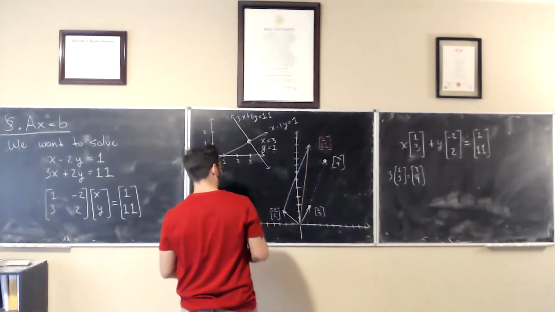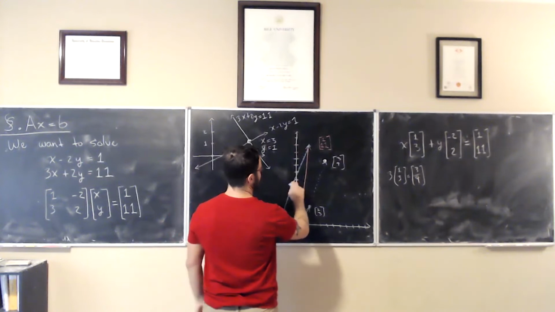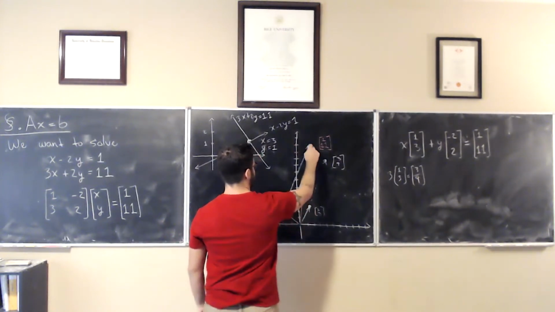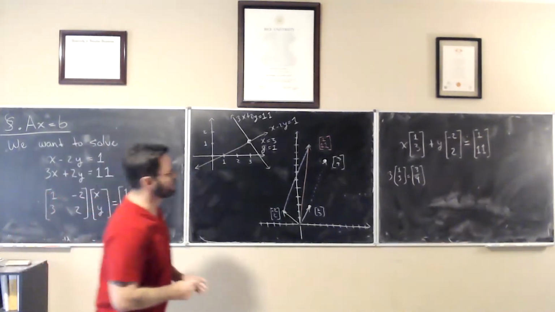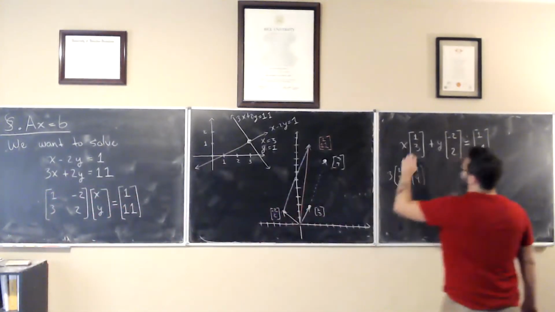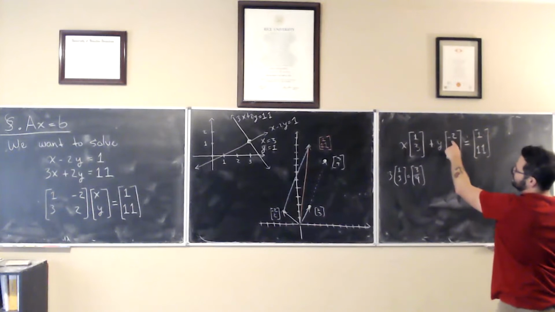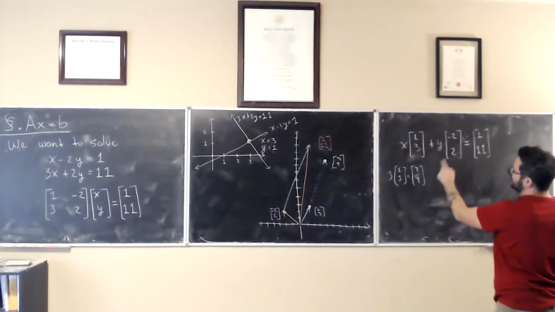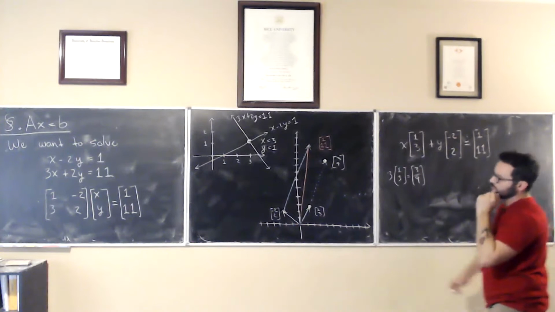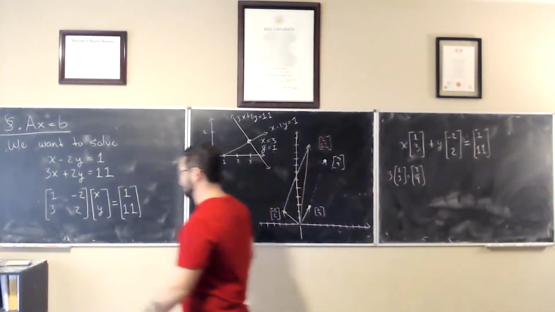Doesn't matter. But it's going to land on that point, right? We see that 3, 9 plus -2, 2. So the 3 and the negative 2 would be a 1. The 9 and the 2 would be 11. It would land right on that point.